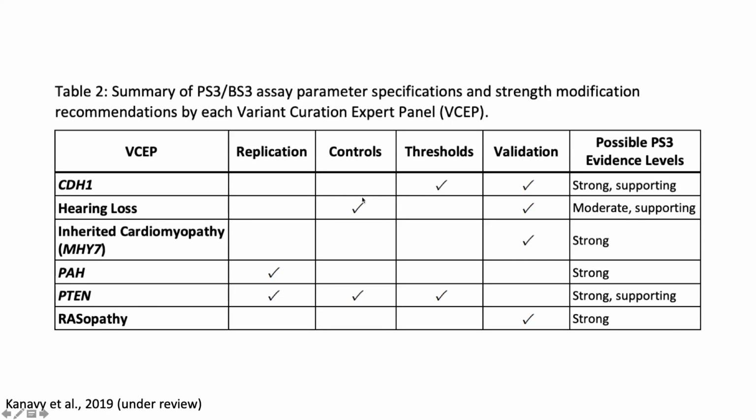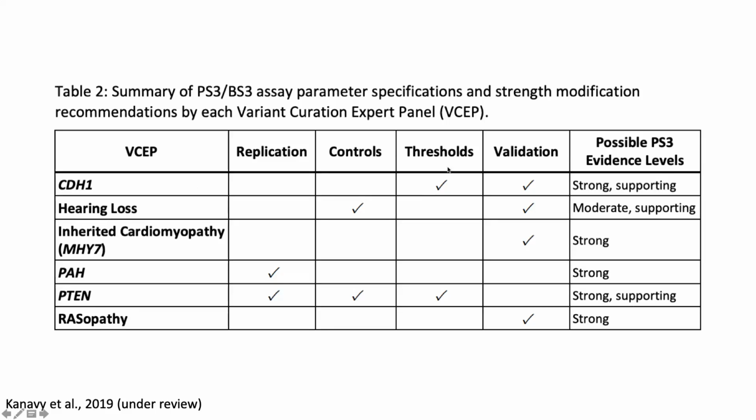And we evaluated how often they were specified by each of these different VCEPs and whether they provided any recommendations for modifying the level of evidence to assign a PS3 or BS3 classification, so either keeping it at this strong level of support or downgrading that to a moderate or supporting level.